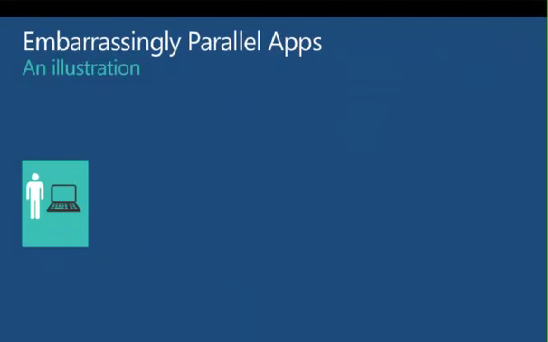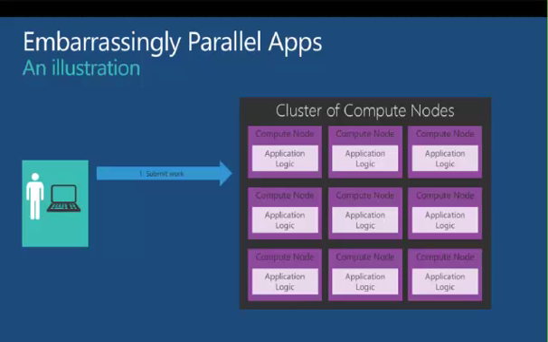So here is an illustration of something called an embarrassingly parallel application, which works great on large clusters and especially on the cloud, because each unit of your work is not dependent on the others, meaning that you can spin up as many processes as you like. We mentioned a few of those types of applications.